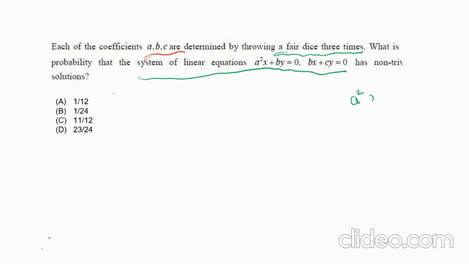So the equations given here are a square x plus by is equal to 0 and bx plus cy is equal to 0.